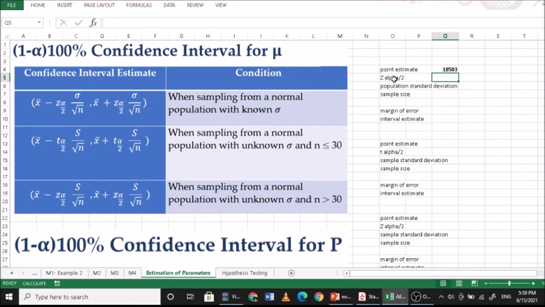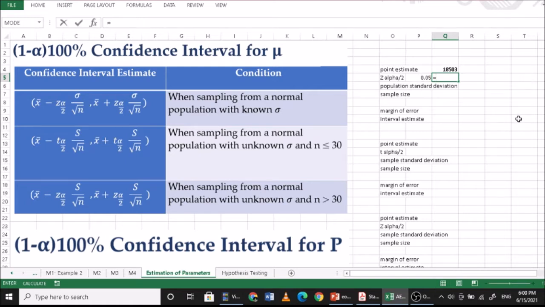Then z alpha over 2. Since our confidence interval is 95%, alpha is equal to 1 minus 0.95, that's 95% divided by 100. So 1 minus 0.95 is 0.05.